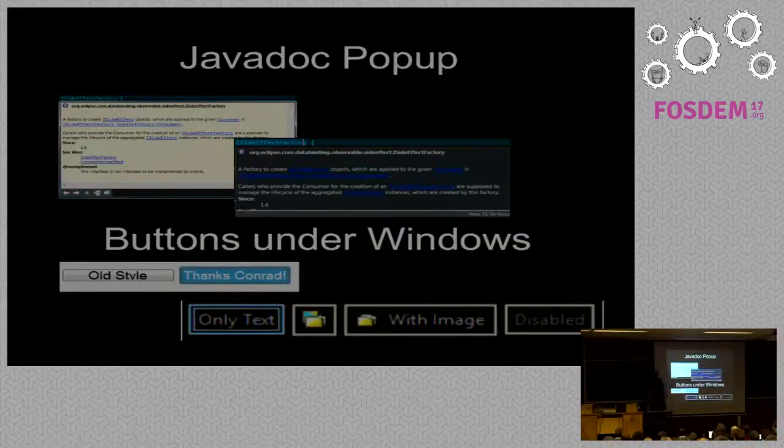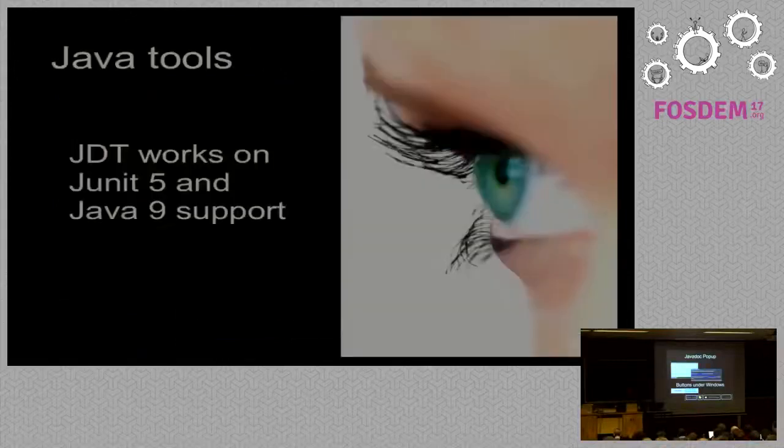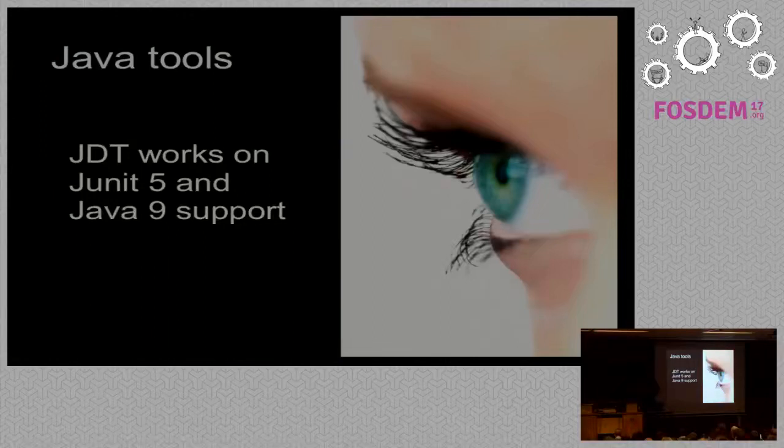Someone from Hamburg also implemented stylable button backgrounds. So on Windows, in the next release, it will look much nicer in the dark theme. The native Windows buttons, which we use in SWT, are not stylable by default, so it's now a software-drawn button. And again, here, some Javadoc differences.